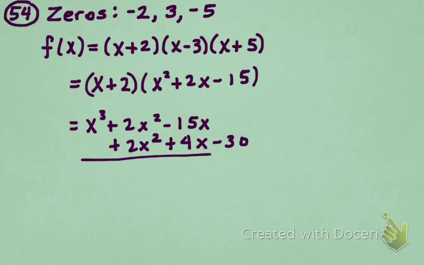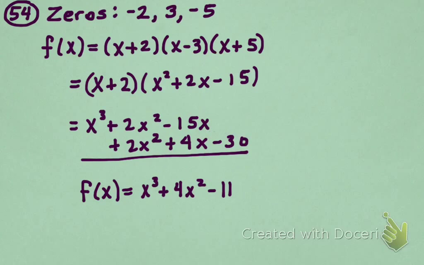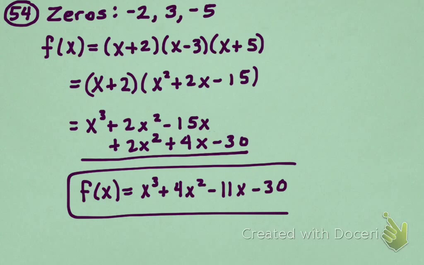And it's the only constant, as x cubed is the only cubic. So our final form of our polynomial is f of x equals x cubed plus 4x squared, and then minus 15x plus 4x would be minus 11x, and then minus 30. And that final form is what you should graph, and then check your zeros to make sure that you get back what you were supposed to get.